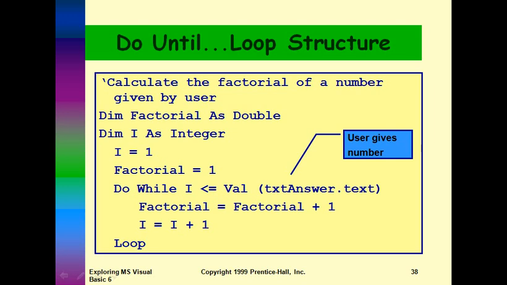Do while I is less than or equal to the value of textAnswer.text. textAnswer.text is a parameter given to the val function to get the integer value associated with this text box. Do while I is less than or equal to the value of textAnswer.text, factorial becomes factorial times I, and increment I by 1, end with the keyword loop.